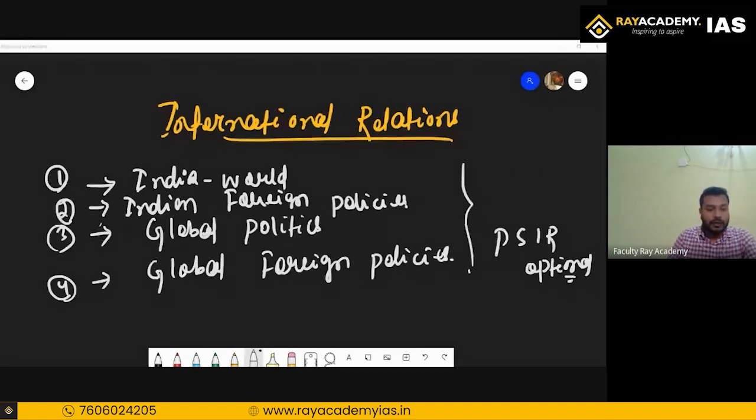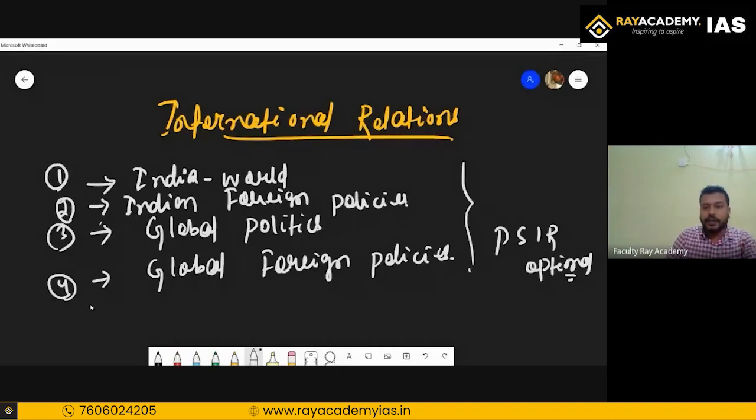The students of the PSIR optional have to go through all of this: India and the World, Indian foreign policies, global politics, global foreign policies. These are the four stages of international relations included in the PSIR optional. However, as far as General Studies is concerned, we will focus on these two.